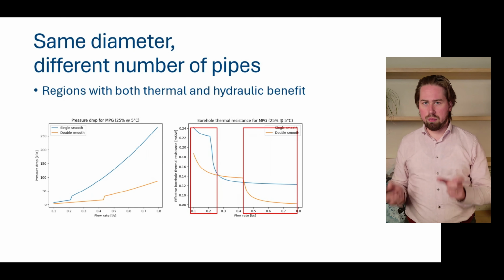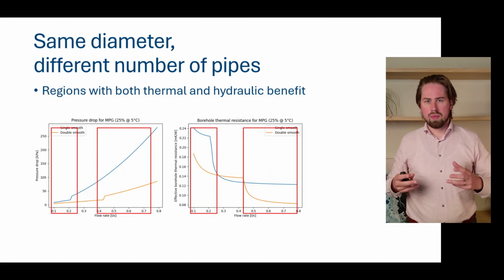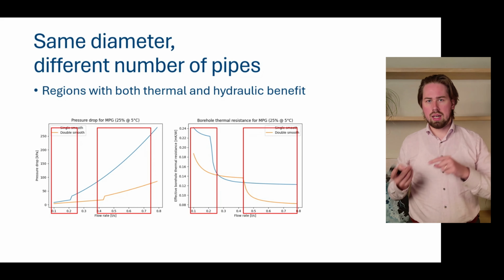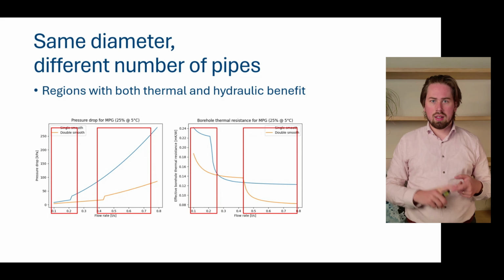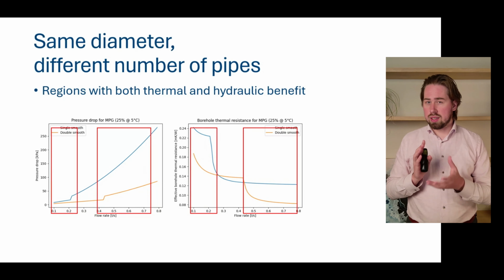So from 0.1 liters per second to 0.25 and from 0.45 liters and higher, we see that our W is the best solution both thermally and hydraulically. If we take a look at a single U, we see that it's thermally the best between 0.25 liters per second and 0.4, and it has the lower borehole resistance there, but it will always have a higher pressure drop.